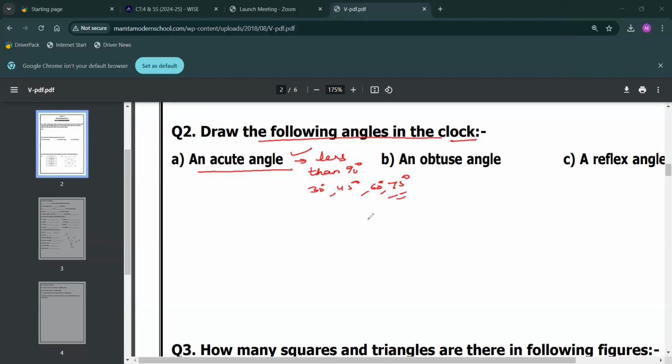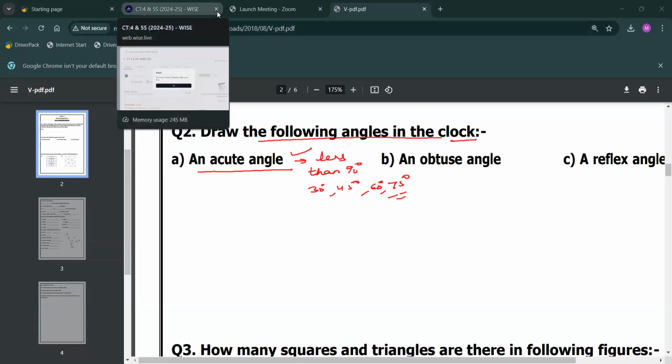Where is your notebook, Chiranjay? Start doing. Okay, ma'am. And children, kindly be on unmute. Don't mute yourself again and again. Unmute your mic. Advay, unmute yourself. Chiranjay, unmute yourself, beta.